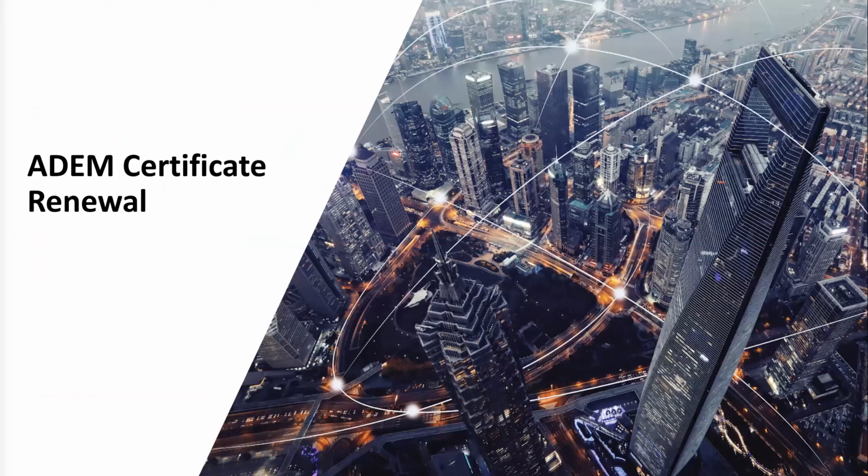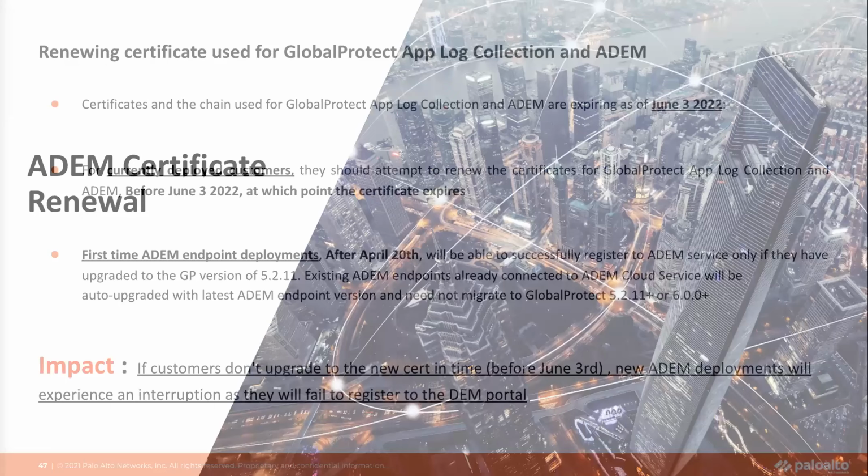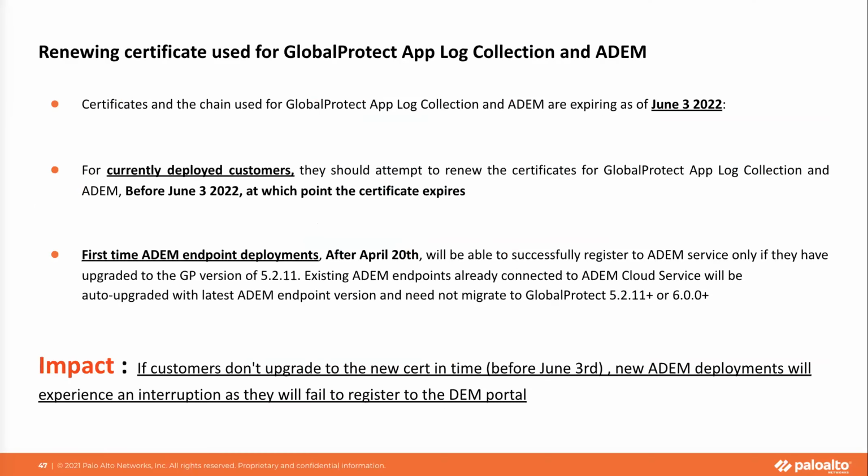Another important thing: ADEM certificate renewal. If you are a current ADEM customer, or you're new to ADEM and just in the process of deploying it, make sure you have renewed your certificates.